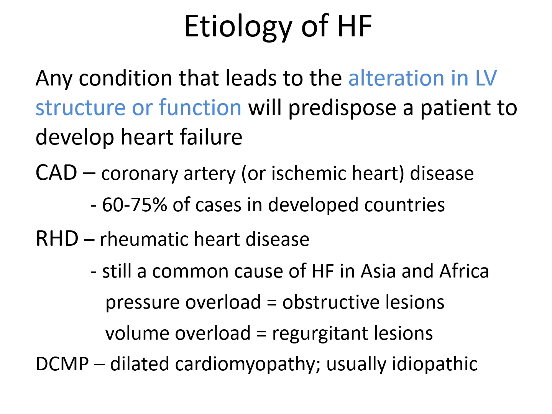In our country, we still have a lot of cases of rheumatic heart disease. So it's still a common cause of heart failure in Asia and Africa. If you have obstructive lesions, such as mitral stenosis or aortic stenosis, the initiating event is pressure overload.